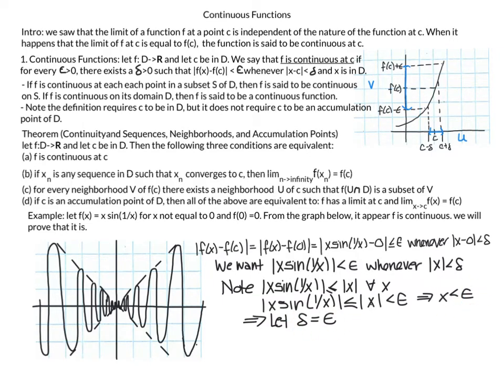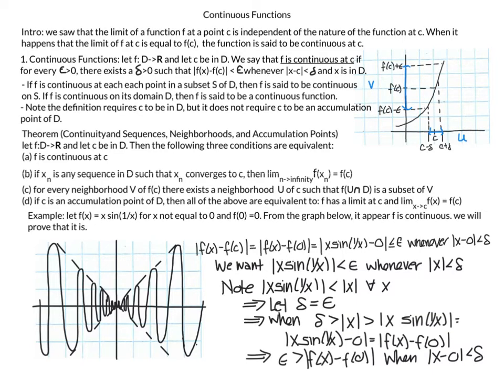and we can take delta to be equal to epsilon, or something in terms of epsilon. Writing everything backwards, when we plug into a proof template, we would say when delta is greater than the absolute value of x, that also implies that delta is greater than the absolute value of x sine of 1 over x, which is equal to the absolute value of x sine of 1 over x minus 0, which is equal to the absolute value of f of x minus f of 0.